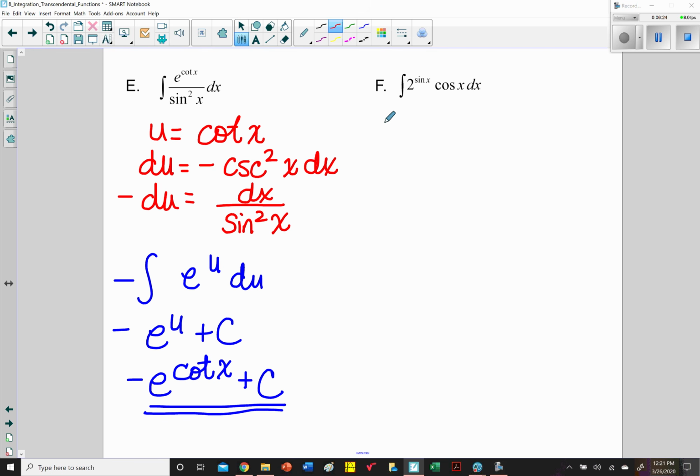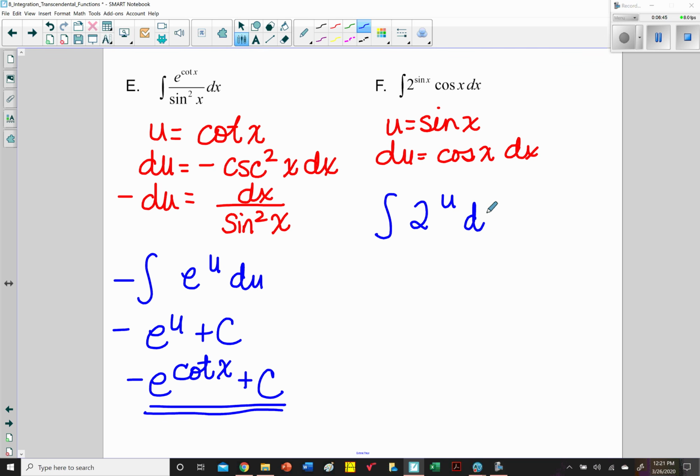Moving on to the example F, our sine is a power, and the derivative of sine is cosine. That little piece is in our problem. We're going to integrate 2 to the u du. And that rule, anytime I have a base a to the u power, the antiderivative is a to the u over ln a on the denominator and u prime.